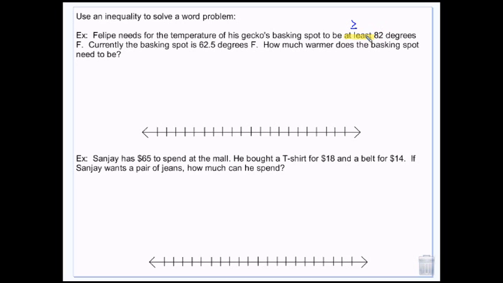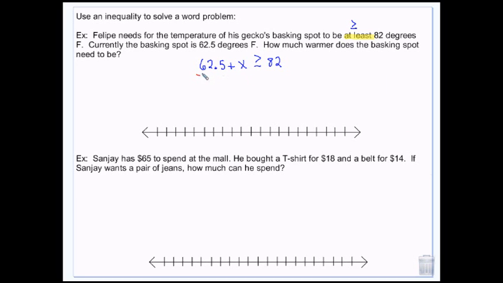So it needs to be at least 82 degrees. Okay, so we're going to do at least 82. Currently, it's 62.5. Okay, so we want to know how much warmer does it need to be. So 62.5 plus however many degrees we add to it needs to be greater than or equal to 82. Does that make sense? Yeah? Okay.